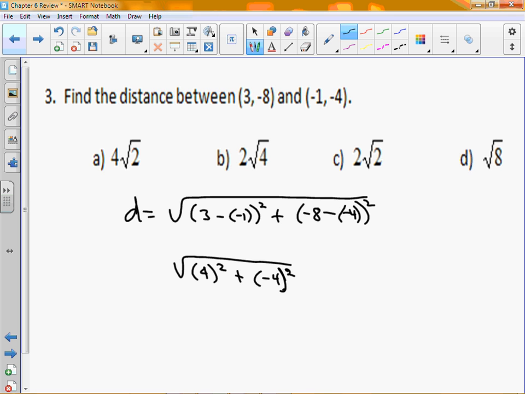So it ends up being 16 plus 16. Okay, now, 32.